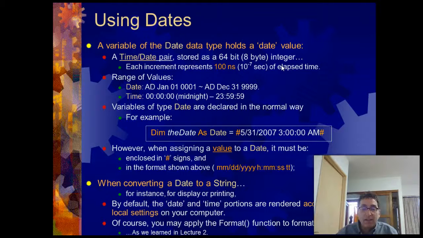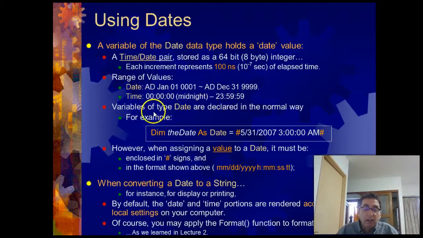It's translated into what it represents by the computer. Each increment represents 100 nanoseconds, or 10 to the negative 7th seconds of elapsed time. This is the range of values for the date, and for the time it goes from here to here.